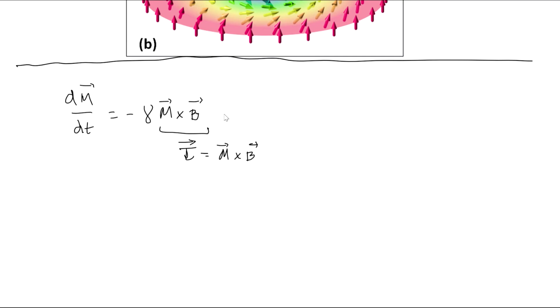So damping was minus alpha gamma times saturation magnetization, M cross B. Mu naught went into B. So if you notice, there is no mu naught here, it's in the B, and there is no mu naught here, we write B. So this is actually another torque. You can see M cross B is our torque, but we do another cross product, and this is the damping term. Alpha is the damping constant. You can listen to my previous lecture.